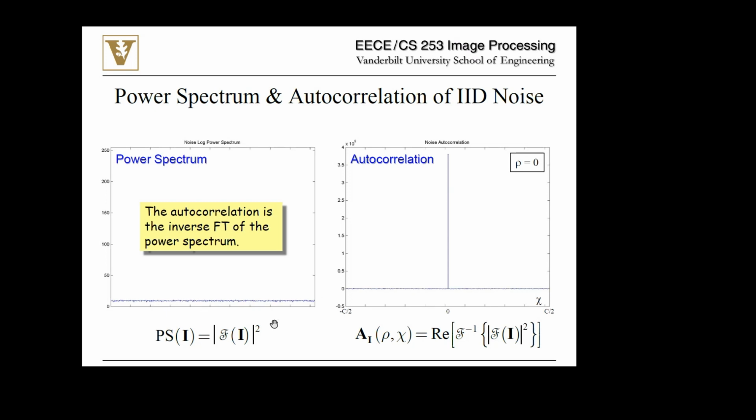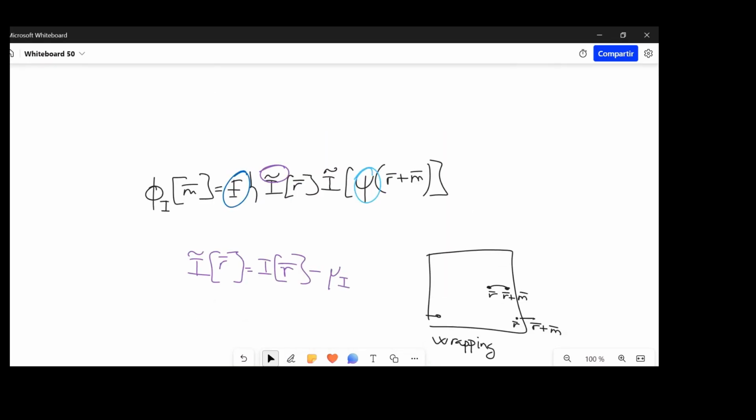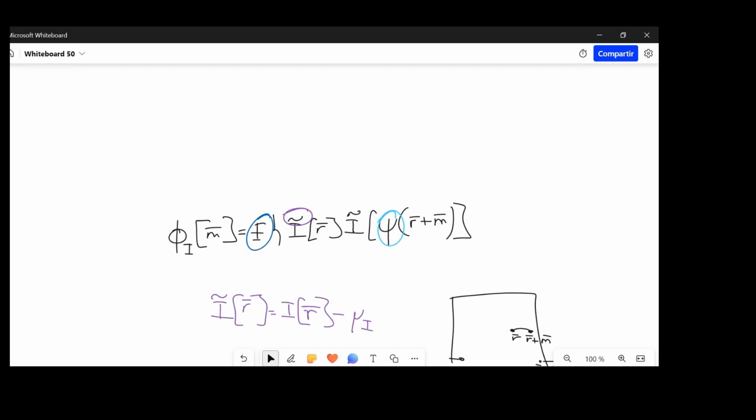Okay, and this is the autocorrelation, and now the power spectrum. The power spectrum is using all the time the deterministic approximation.